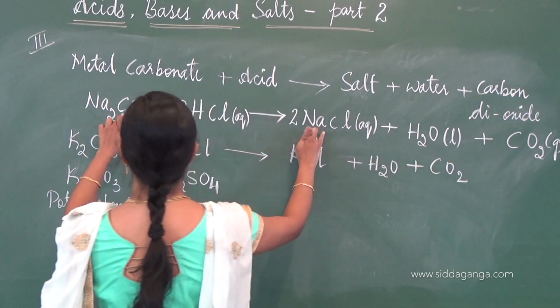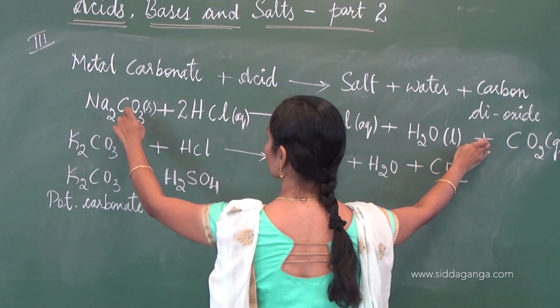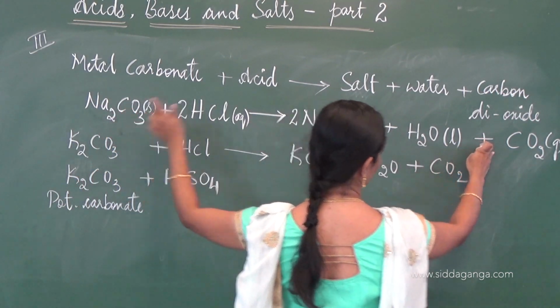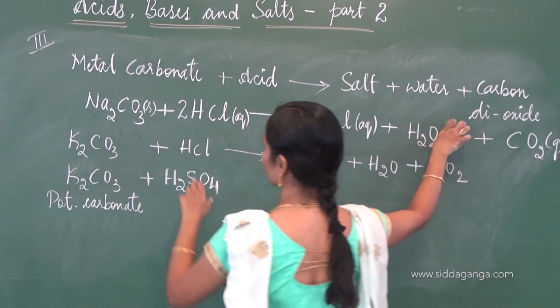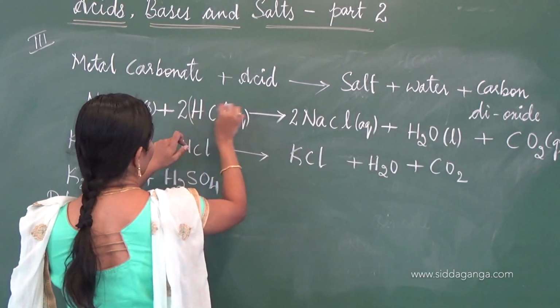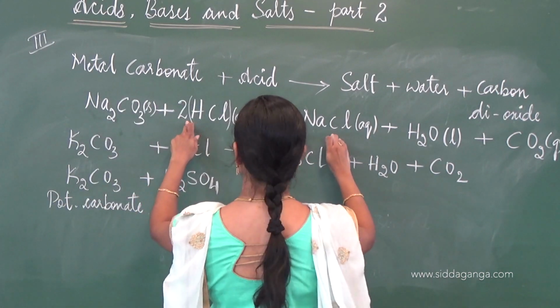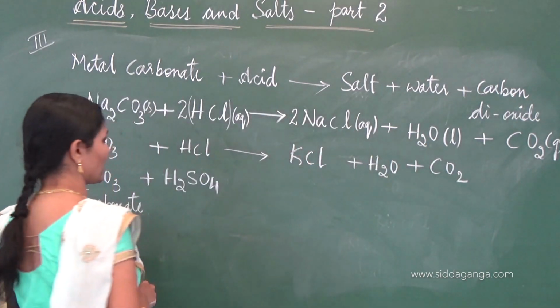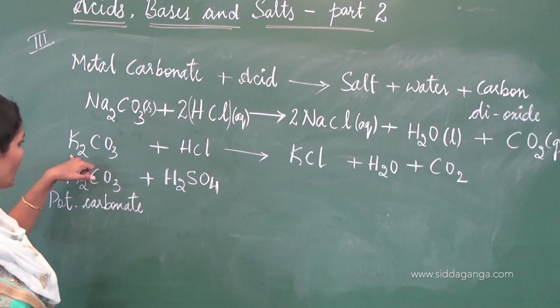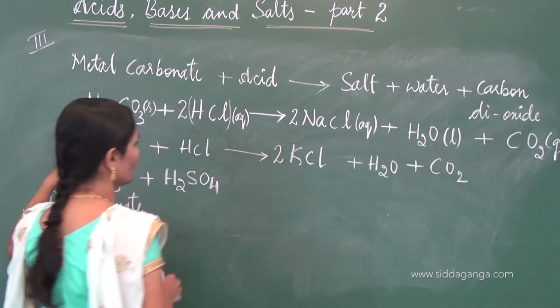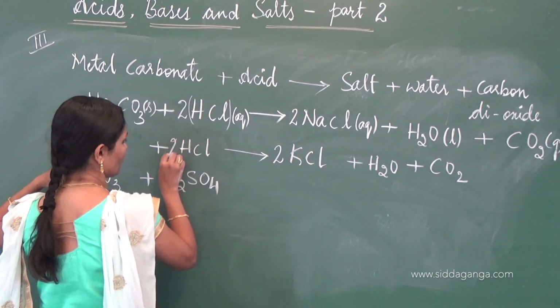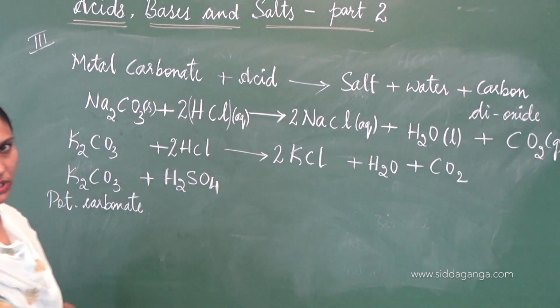Na is 2 and 2, carbon is 1 and 1, oxygen is 3 atoms of oxygen, 2 plus 1 is 3, right? Hydrogen and chlorine, 2 and 2, yes, now it's balanced. And similarly for K2, I need to put 2 here. Now in order to balance chlorine again, I need to put 2 here. Now the equation looks balanced.